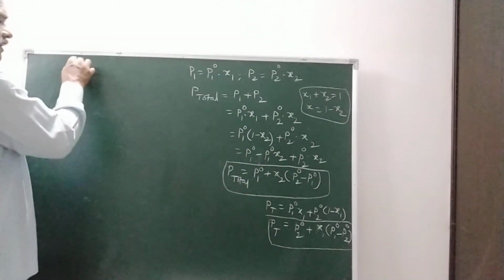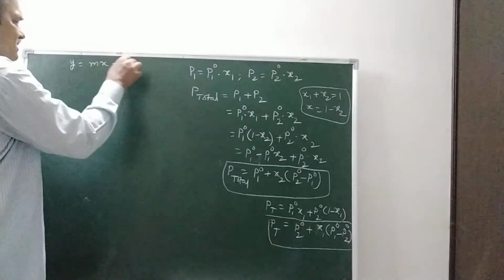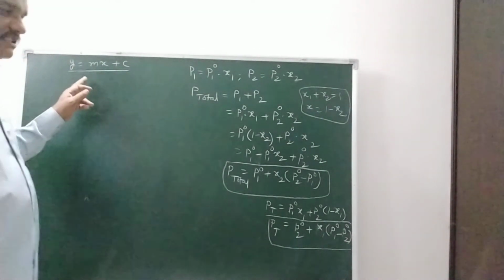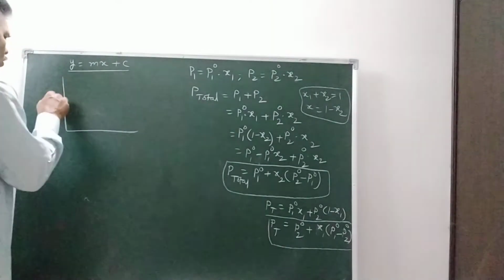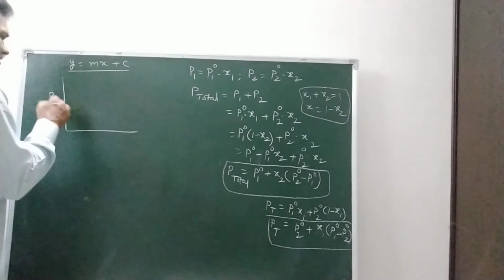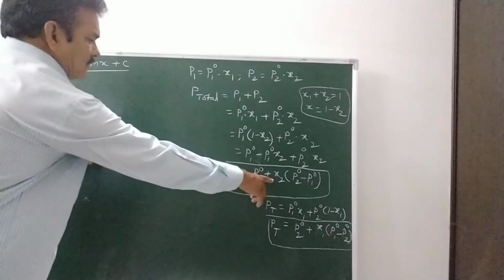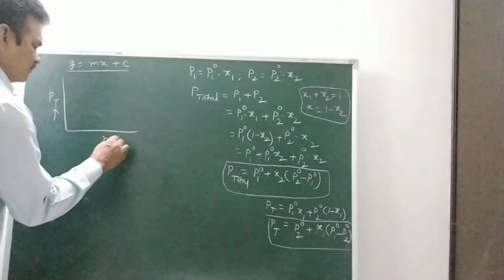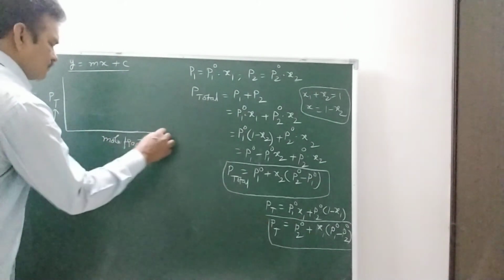This is in the form of y is equal to mx plus c. That means if we take P total on the y-axis, y, and mx, what is x? This mole fraction, the mole fraction of any component.